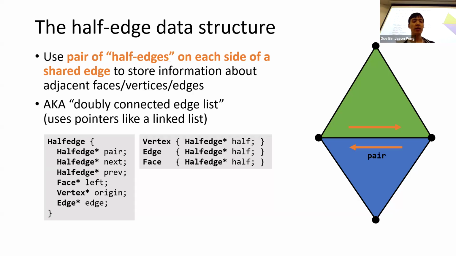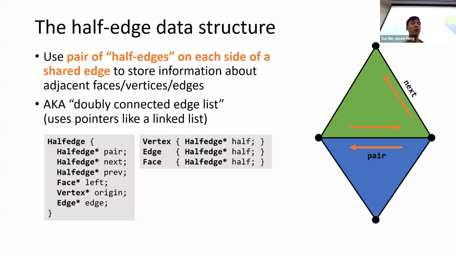Okay, next, the half-edge is going to store a pointer to the next half-edge that belongs to the same triangle as our current half-edge. As we mentioned before, we order the vertices counterclockwise around the normal of a triangle. So the horizontal half-edge at the bottom of the green triangle is going to be connected to this next half-edge in the triangle.